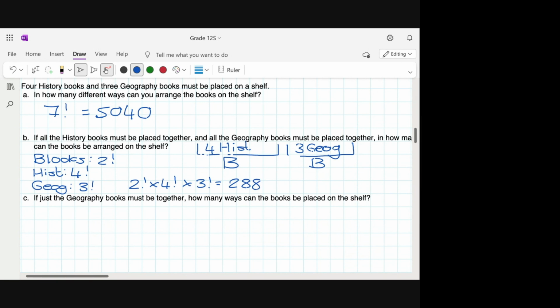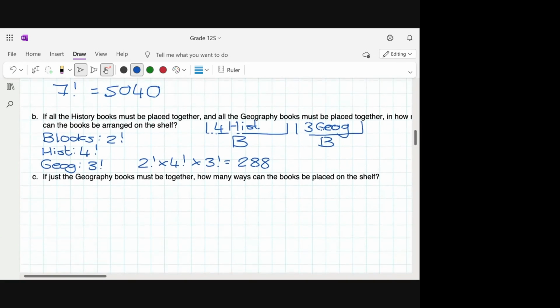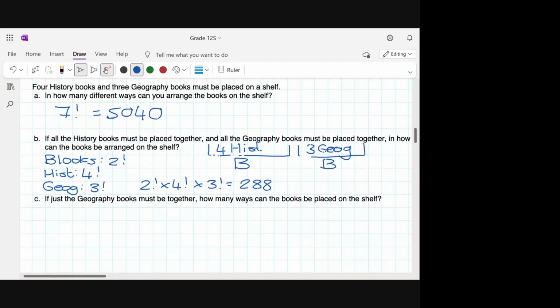Okay, last one together, and I'm going to give you some to try by yourself. So, if just the geography books must be together, how many ways can the books be placed on the shelf? So, just the geography books need to be together. 3 geography need to be in a block, which means 1, 2, 3, 4.